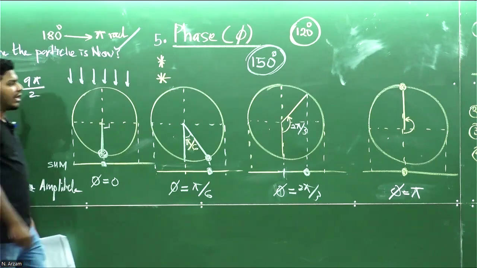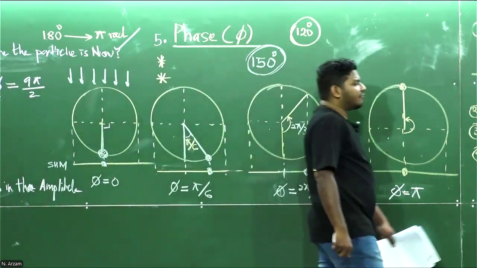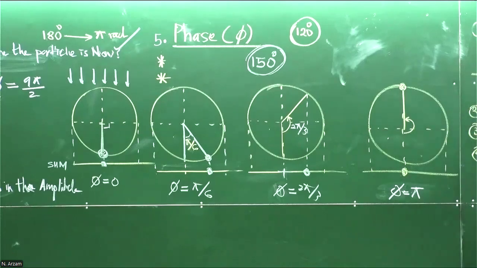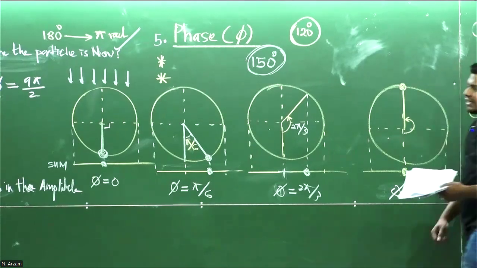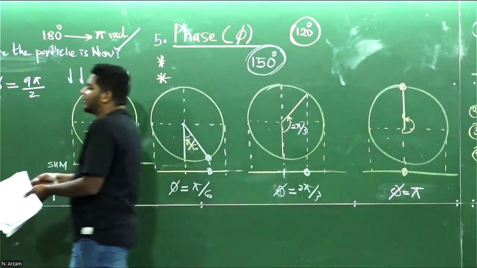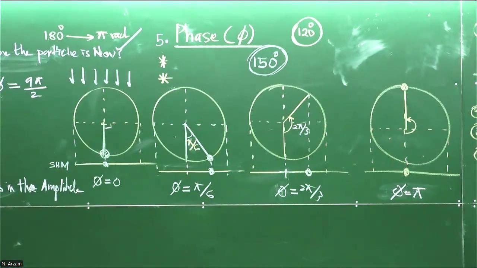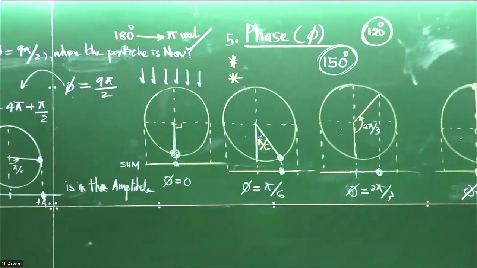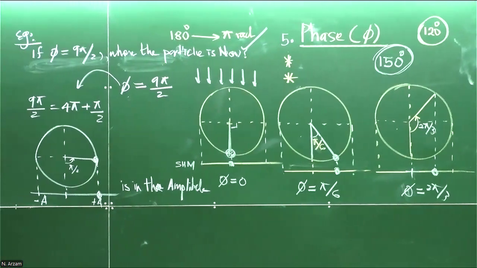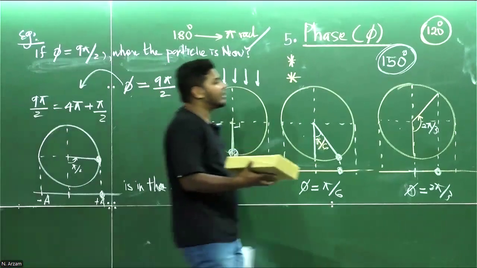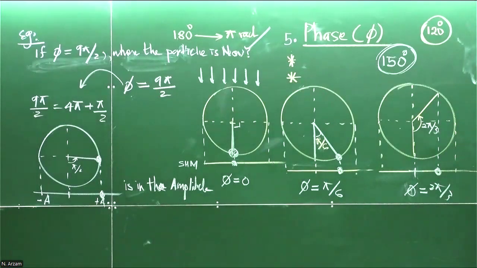So in simple harmonic motion, I already told you that we need to draw so many circles here. So it's better to bring your compass or rulers relevant to draw the circles, or you can bring coins as well. 2 rupee coin.